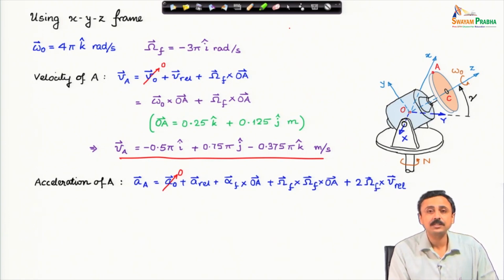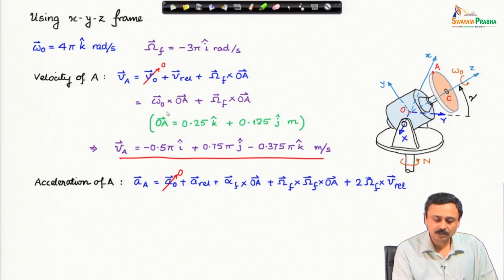We discussed this in kinematics. Acceleration of A is acceleration of point O plus A rel because of the spin of the disk, plus alpha frame cross OA, plus omega frame cross omega frame cross OA, plus 2 omega f cross V rel, and V rel we know is omega naught cross OA.